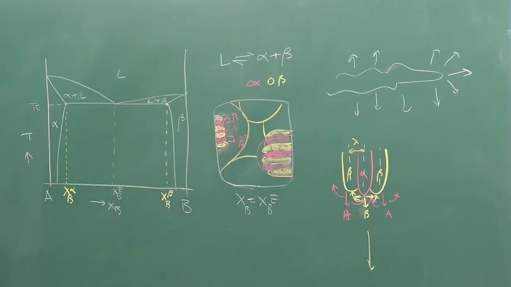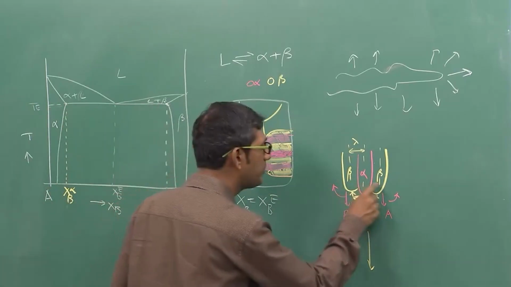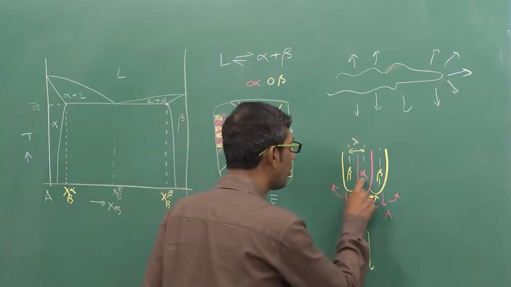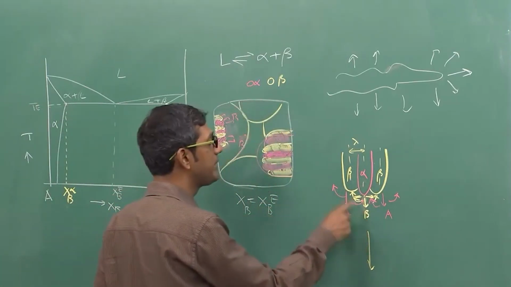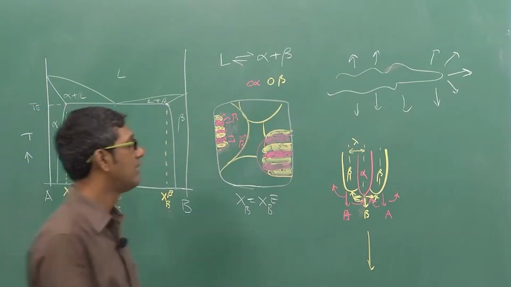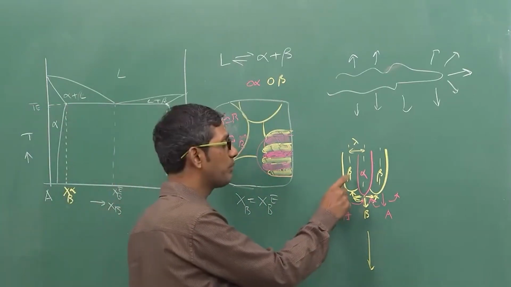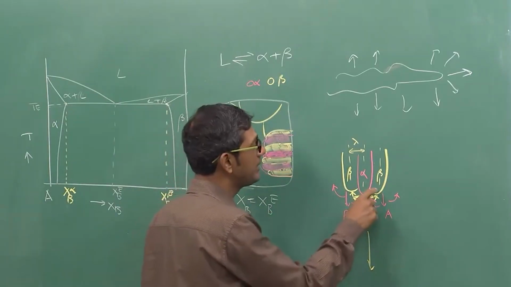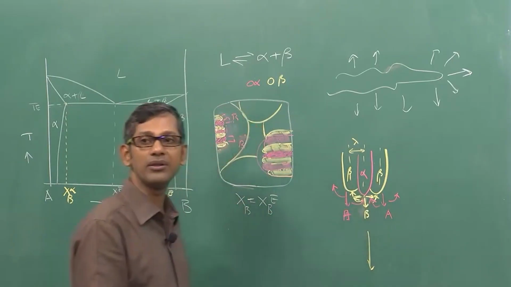So therefore, the growth of alpha and beta are coupled or cooperative. As the alpha grows, it rejects B. This B is used to feed the growth of beta. Similarly, as the beta grows, it rejects A. This A is required for the alpha to grow.